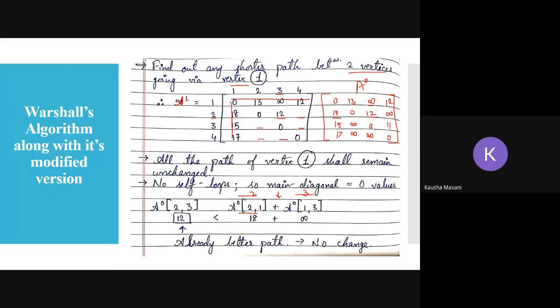We are generating our B matrix here. From A of 0 we are now generating A of 1. From A of 1 you will generate A of 2. From A of 2 you will generate A of 3. I hope why this 12 is there is clear to everyone.